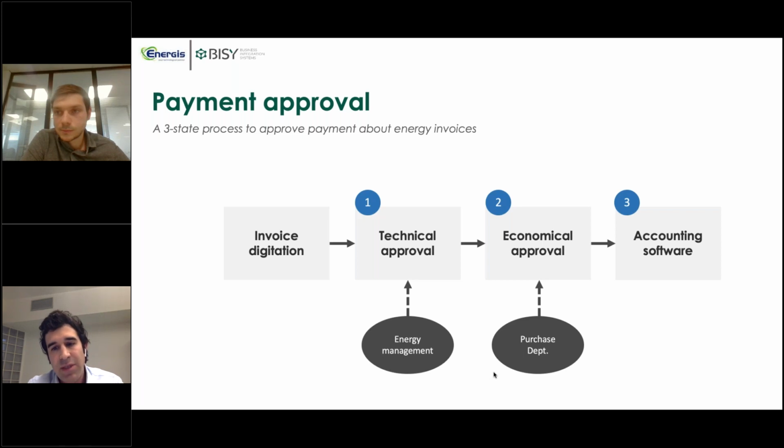Then the purchase department makes the economical approval in order to check if the cost of the invoice is in line with the economical budget. And then the invoice is exported automatically to the accounting software of the bank in order to register all the information and save time also for the administrative department.